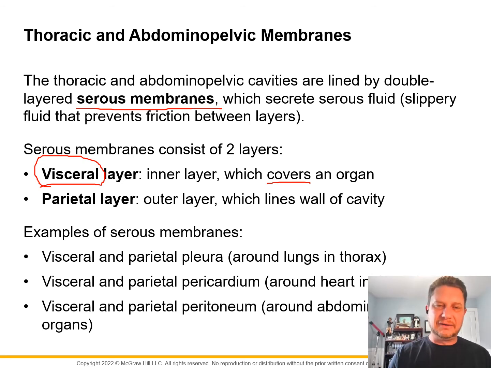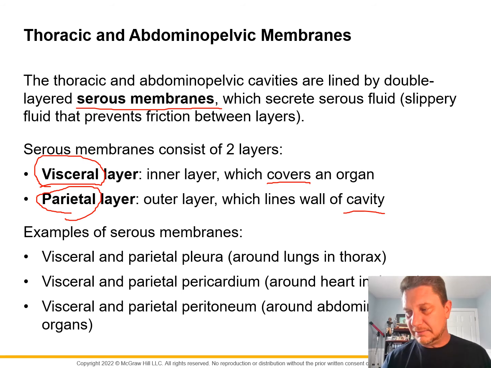The parietal layer, on the other hand, forms the cavity. All right, and in anatomy and physiology, the word parietal means cavity. We're going to see that the 2 largest bones of the cranial cavity that we look at are called parietal bones, because together they make up the majority of the cranial cavity.